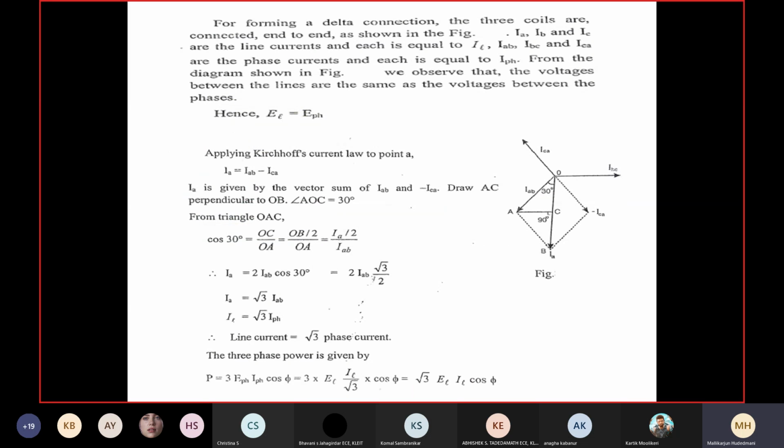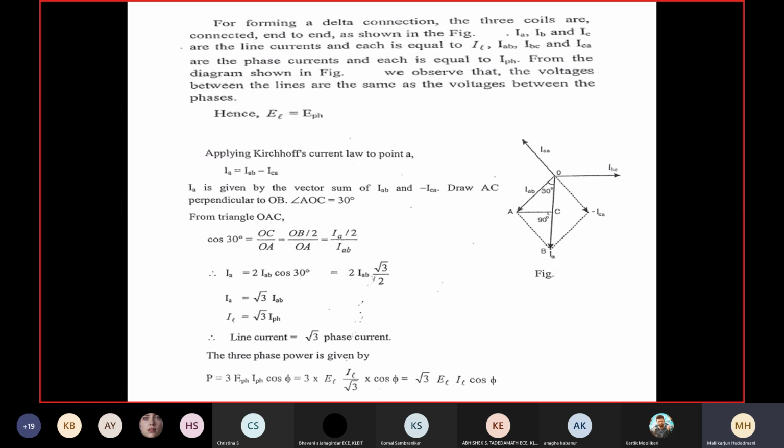Okay, let us move. As we know from the delta interconnection, voltages are same. That's what is done here. Hence, from the study of interconnection of three-phase windings, end-to-end such that a delta is formed, line voltage is same as phase voltage. That is our standing point.